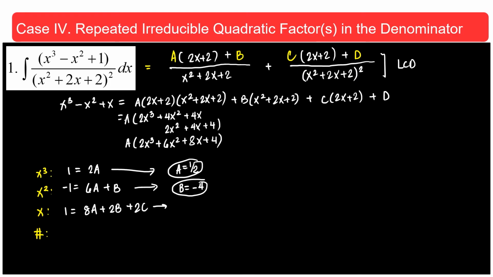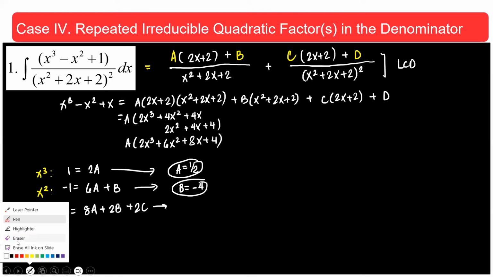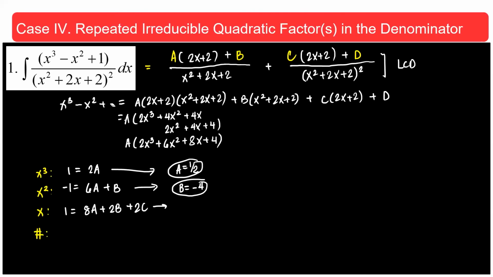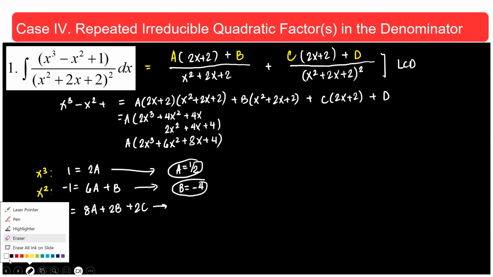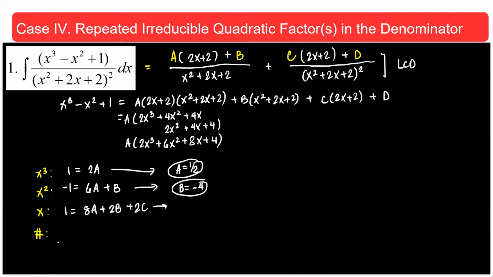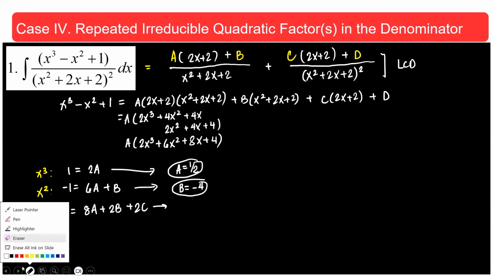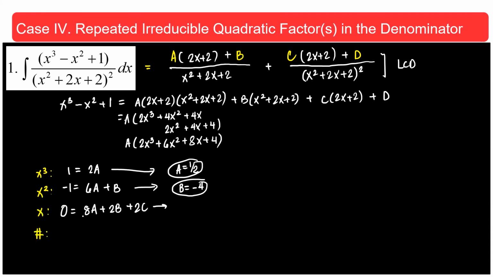Right? Oh, wait, I made a mistake. It's not 1x, it's 0. Sorry. Again. 8 times 1/2 is 4 plus 2 times -4 is -8.